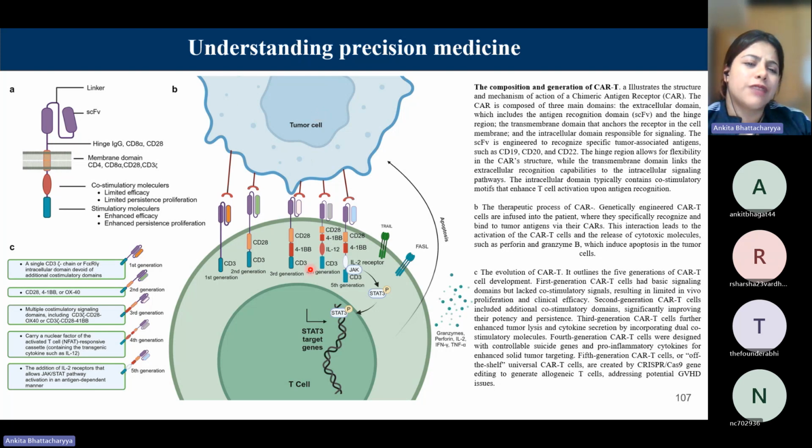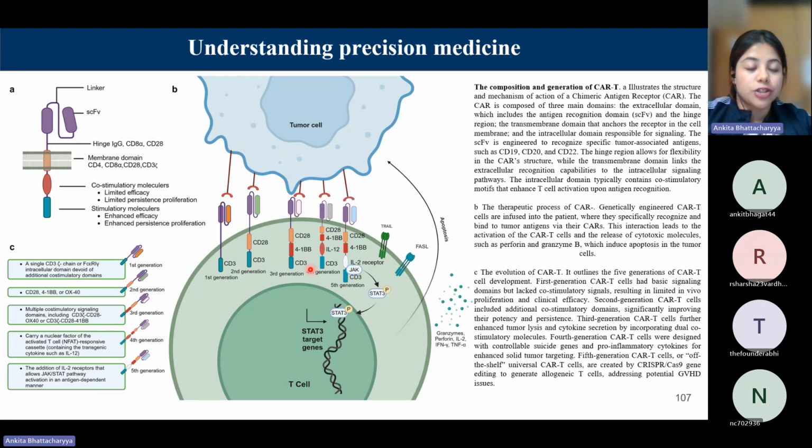Again, if you have studied the way in which T cell activation works, once there is antigen antibody interaction and there is also support from the co-stimulatory molecules, it is going to lead to activation and then proliferation. Basically, there's an interaction between the T cell receptor and its cognate antigen.